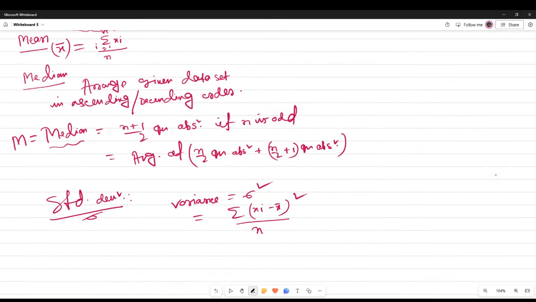So standard deviation will be what? Standard deviation is the square root of sigma (xi minus x bar) whole square by n.